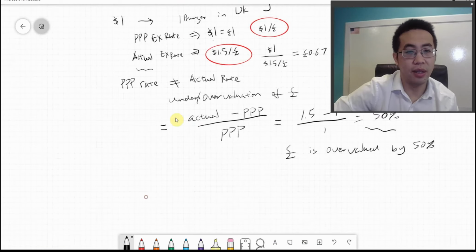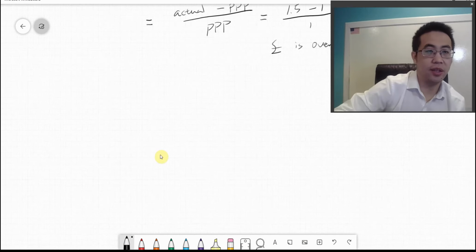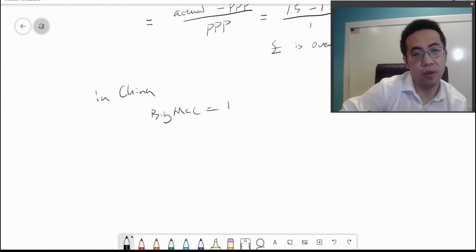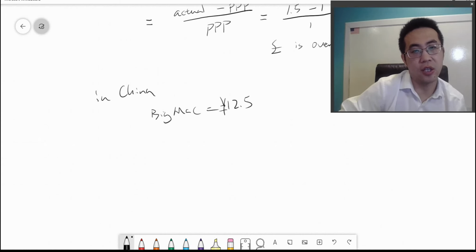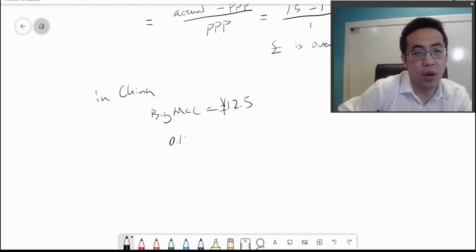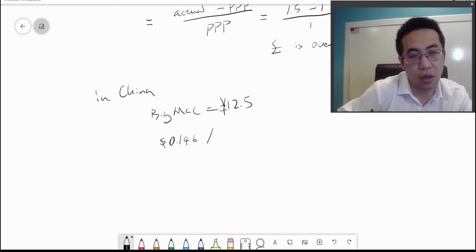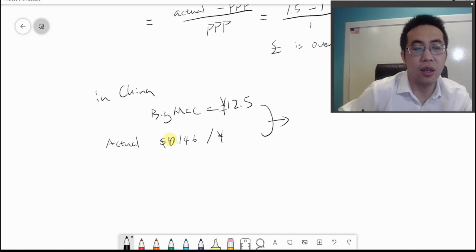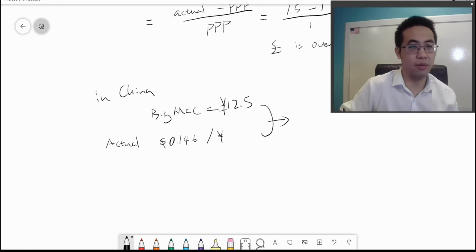Okay, so what does that mean? Let's say in China, a Big Mac is sold at 12.5 Chinese yuan, and the actual exchange rate is $0.146 per yuan. If you combine them, you get the dollar price of a Big Mac.